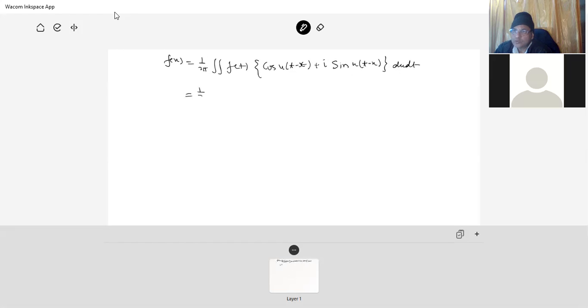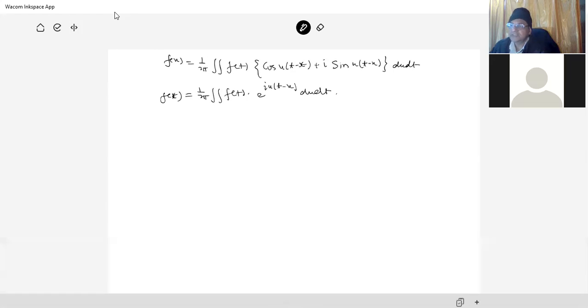That is 1 by 2 pi, integral of f of t, and this function is nothing but e^(iu(t minus x)) du dt. This is f of x.